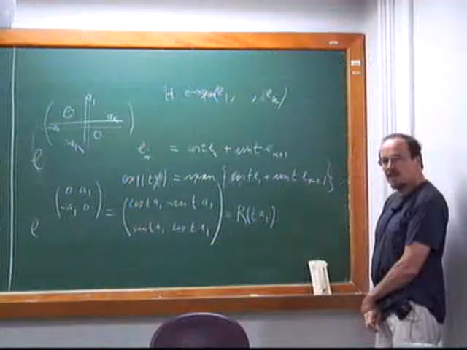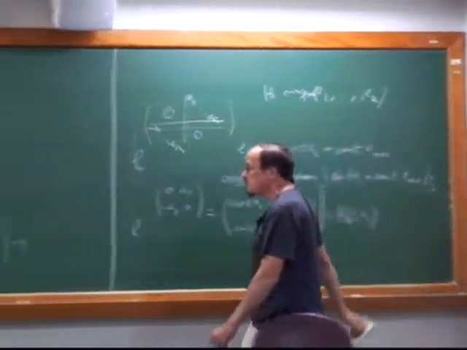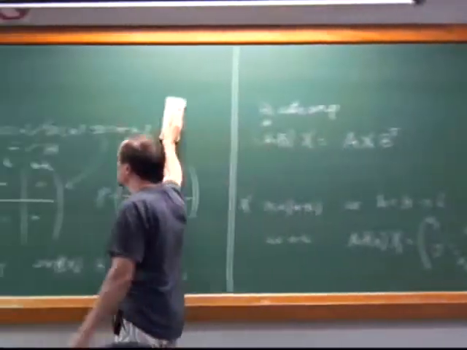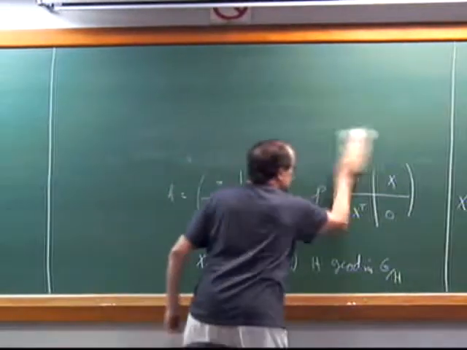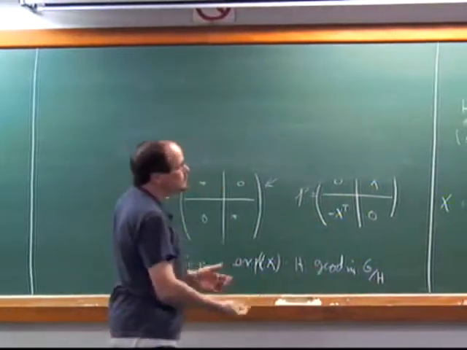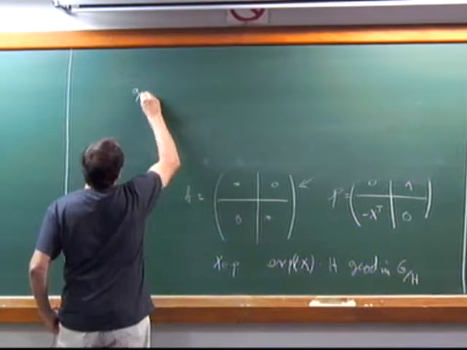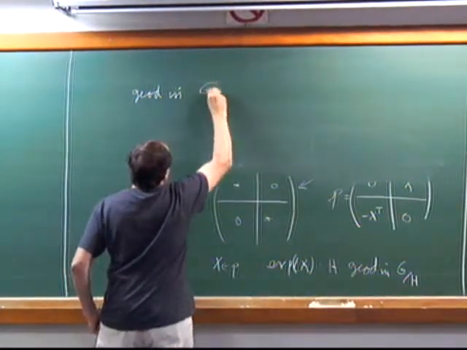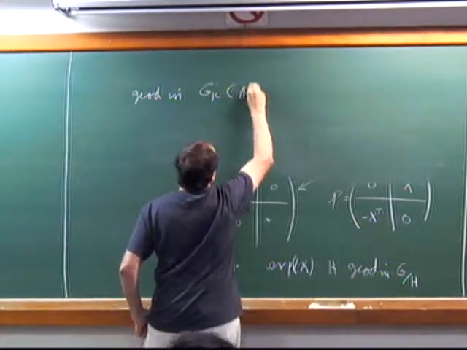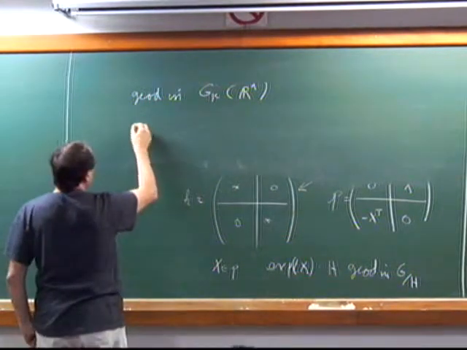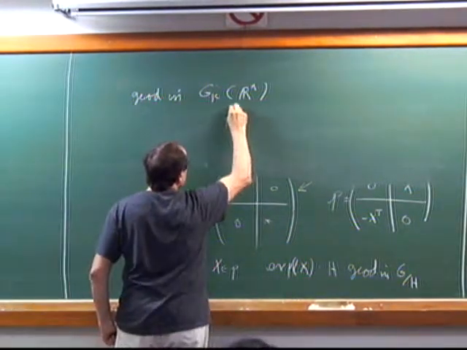I can now express this abstractly. So what does the geodesic in the Grassmannian look like? I take a plane, so let P be a plane.